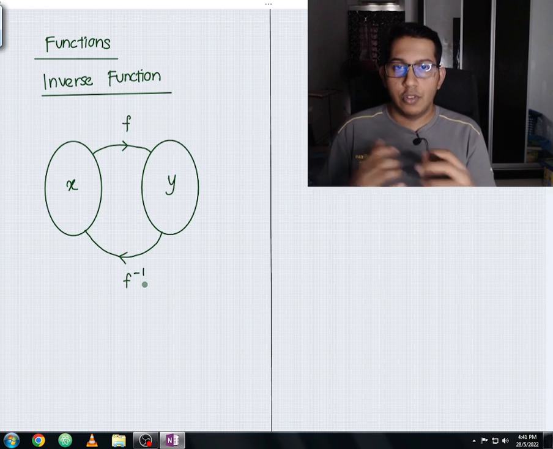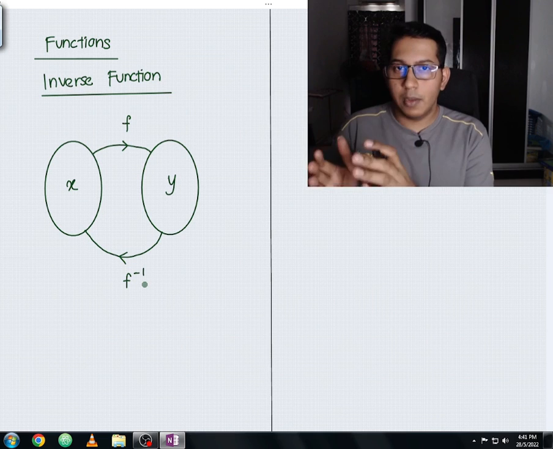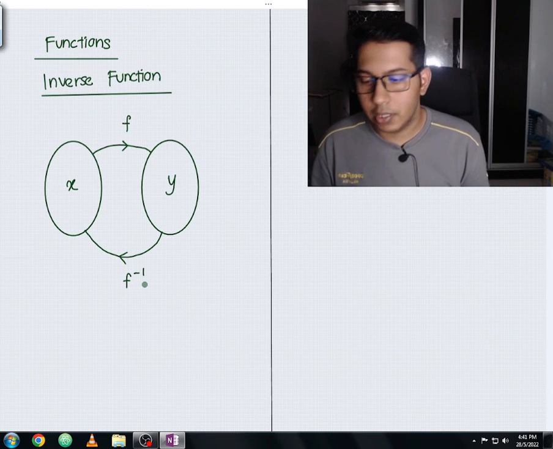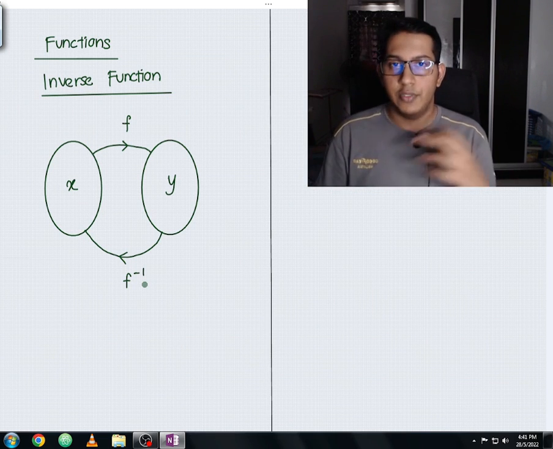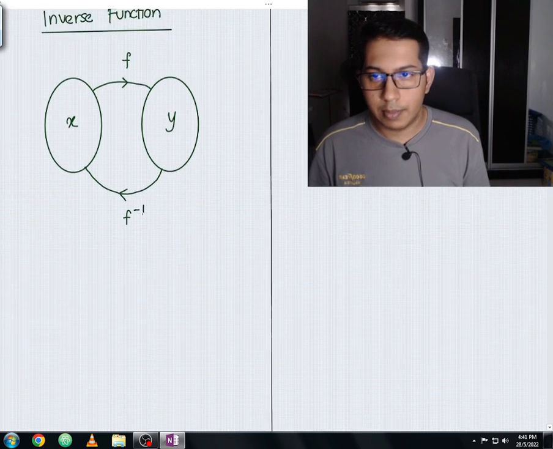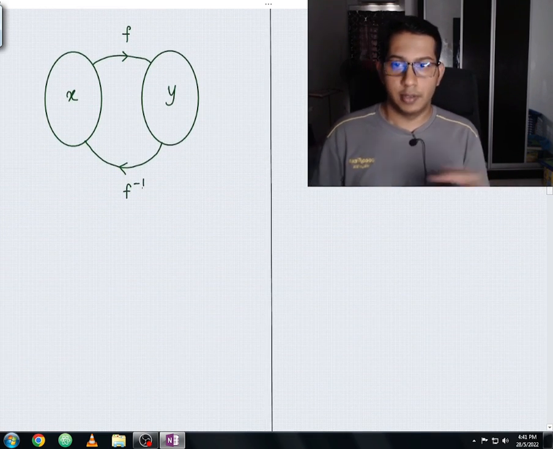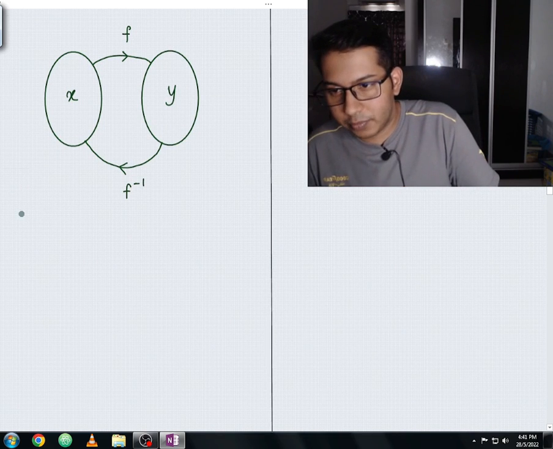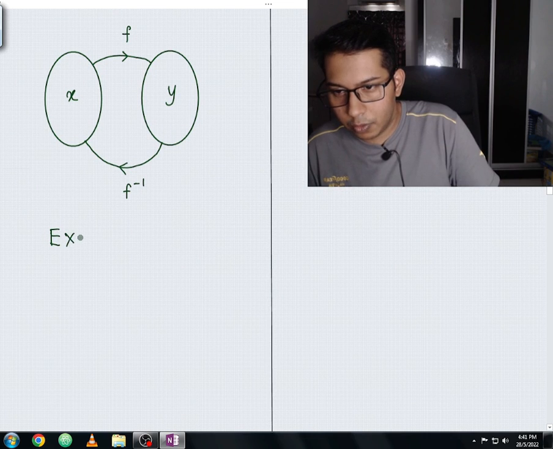So now you need to know how to convert from a normal function to an inverse function. I'm going to show you some examples for your exposure. Let me just show them one by one, shall we? Example 1.